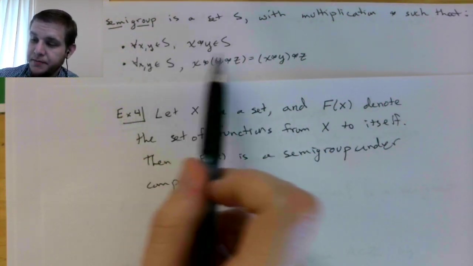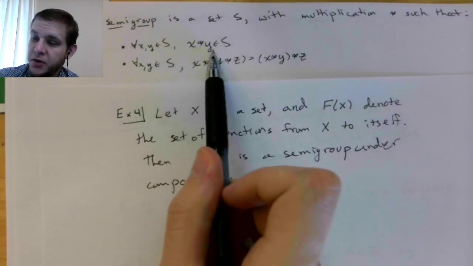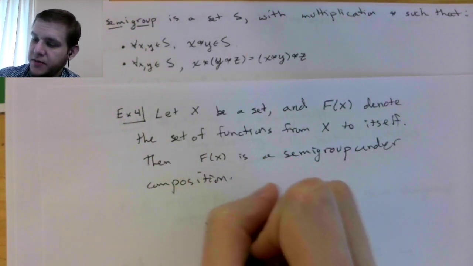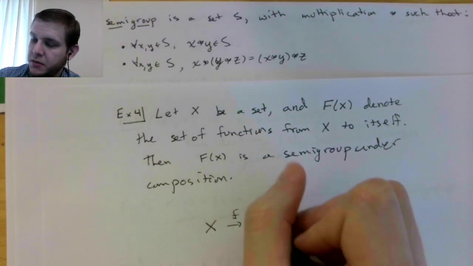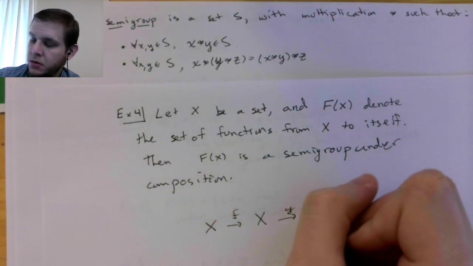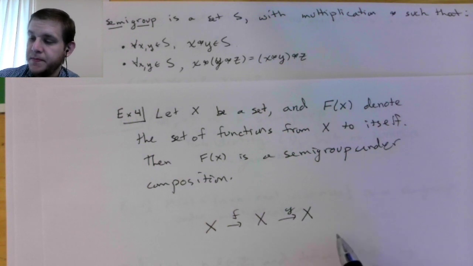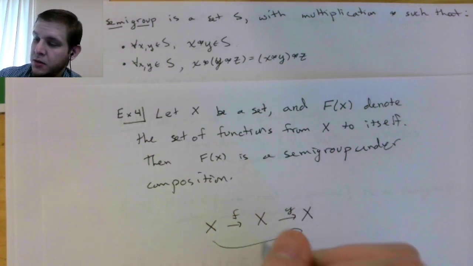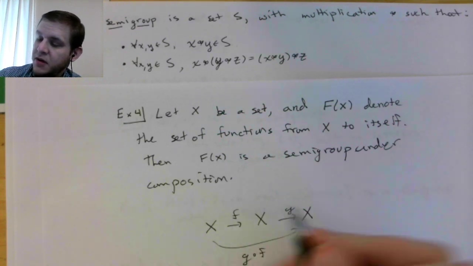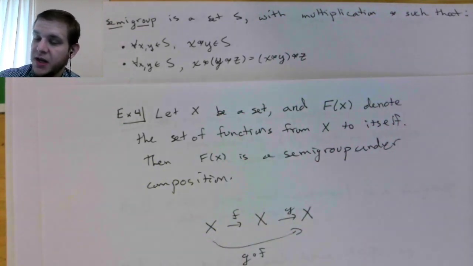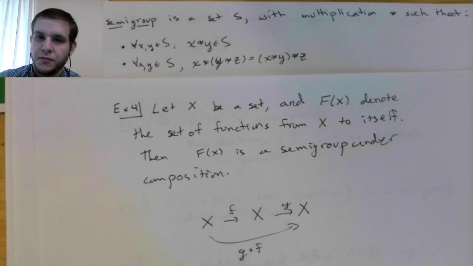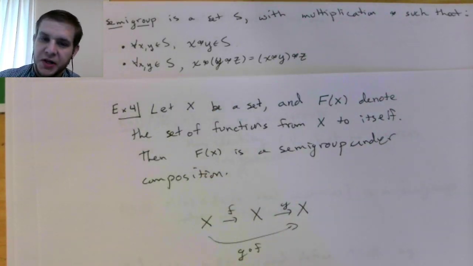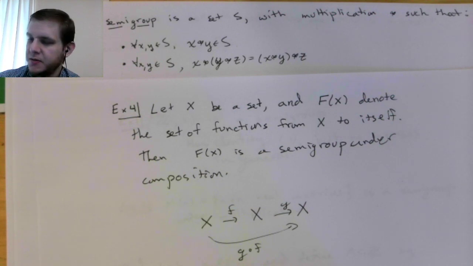If I take two functions and I compose them, I still have a function from x to x, right? Because if I have two functions f and g, and I compose them, then the composition g of f is still a function from x to x. And this associativity rule is very easy to check for compositions.